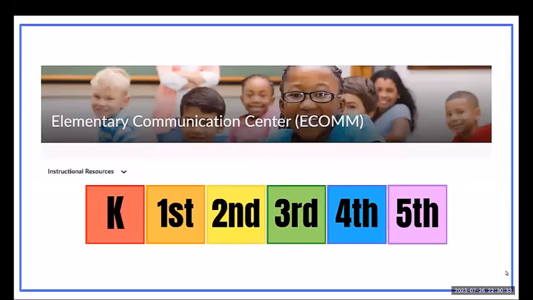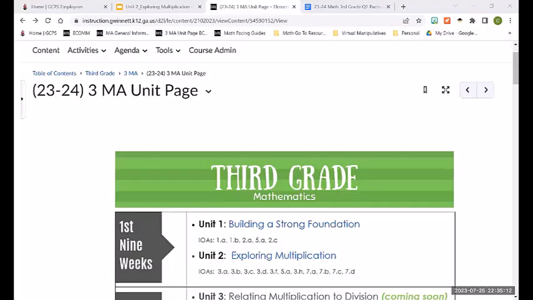Let's head over to ECOM, the Elementary Communication Center, to find our Quarter 1 pacing guide. Here we are on the 3rd grade math unit page. Here, the units taught throughout the school year are linked.